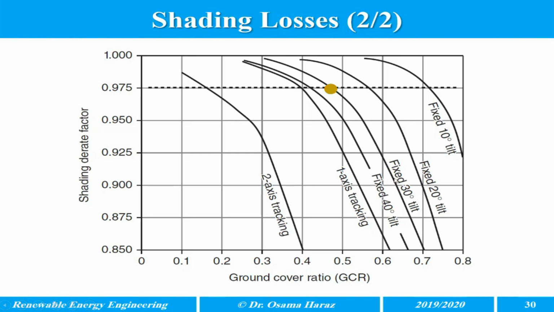If we are using a fixed 30 degree tilt and we need a direct shading derate factor of 0.975, the GCR value should be 0.47. So you have to keep the ground cover ratio at 0.47 to get this shading derate factor for this photovoltaic system.